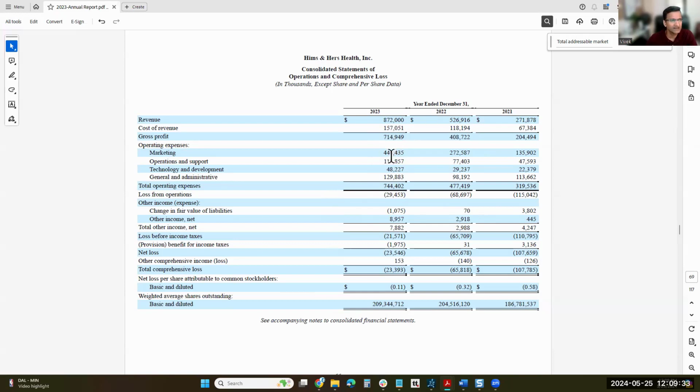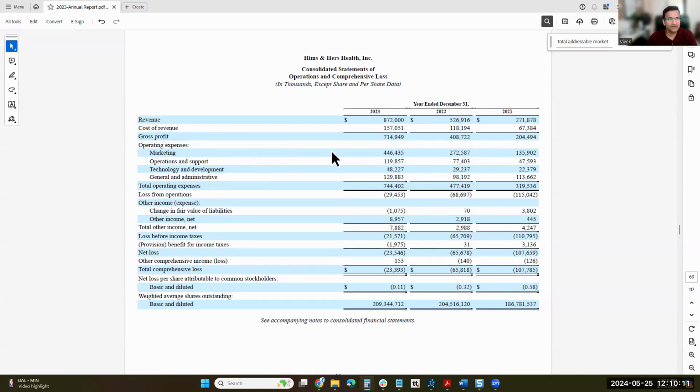But what's surprising to me here is 271. So marketing expense is almost 50% of revenue in 2021, 272 divided by 526.